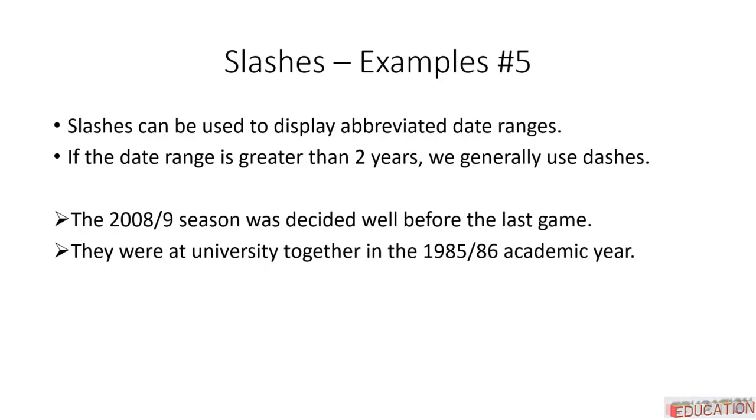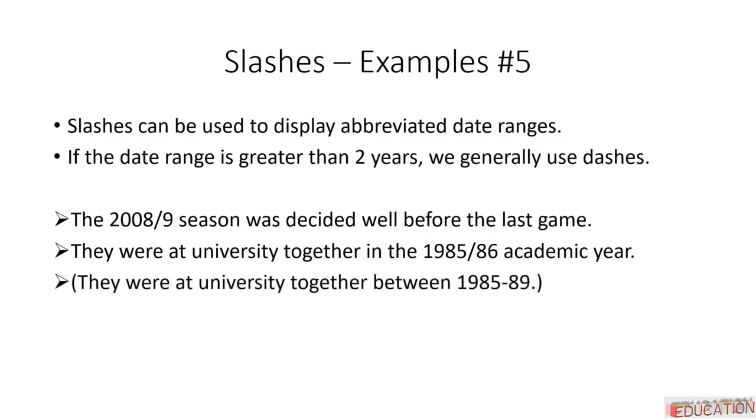Now we could in this case have written 85/6, but we chose to write 85/86 to make it a bit clearer. Now if they were together for a longer period of time, we would say they were at university together between 1985 to 89. Now, this is a greater than 2 year span, so we prefer a dash rather than a slash.